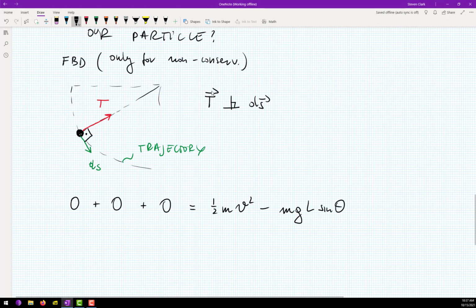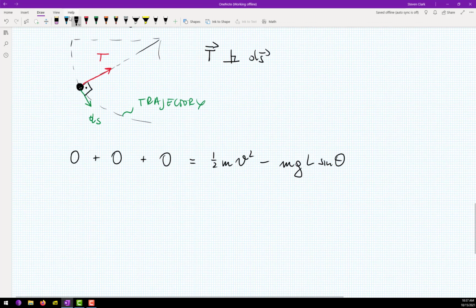So we can get rid of m, and we just have that V squared is equal to 2gL sine theta. So this is our second equation we found.